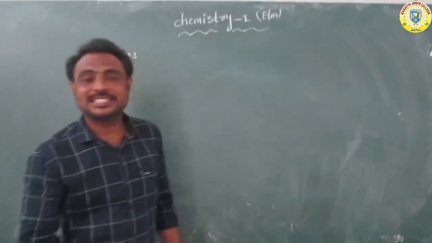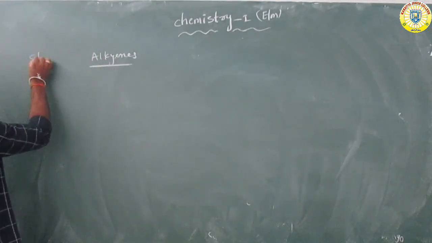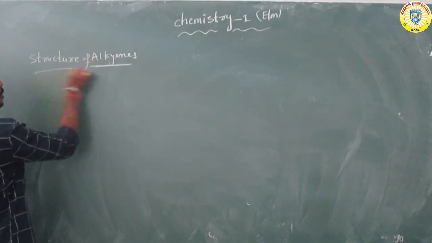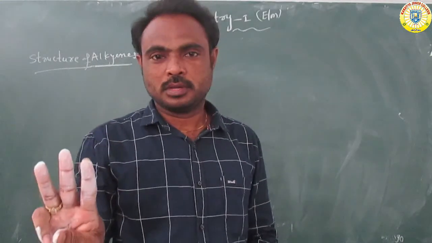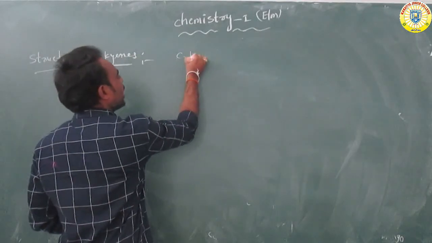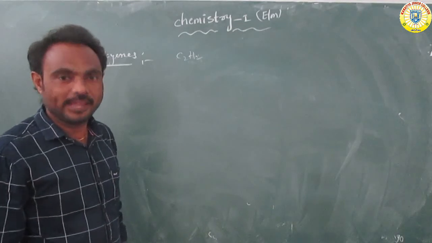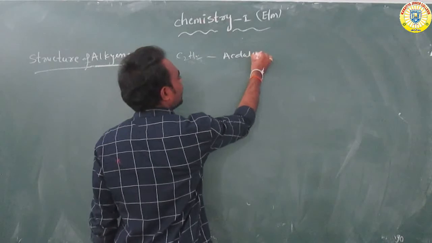So what is the structure of alkynes? Overall, alkynes must contain a triple bond, we already know that. First we write C2H2, which is ethyne or acetylene.